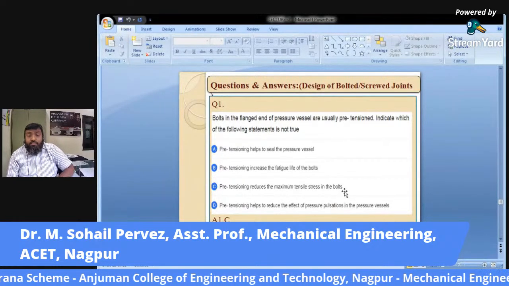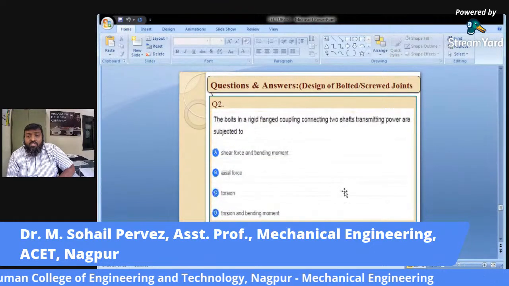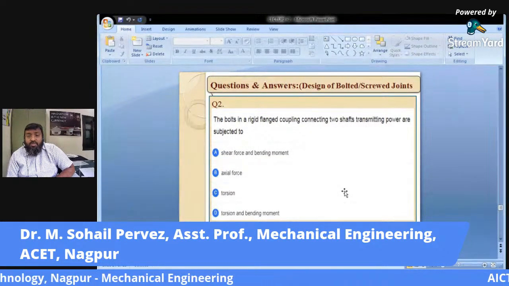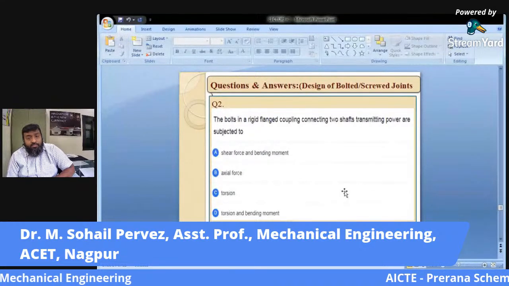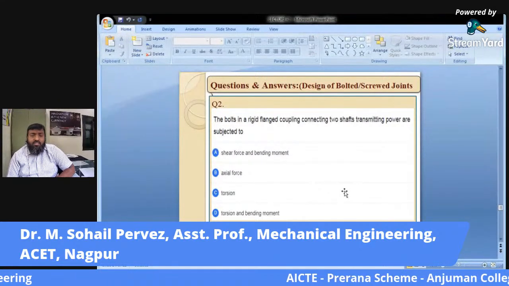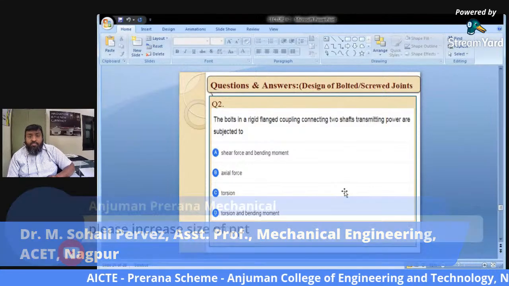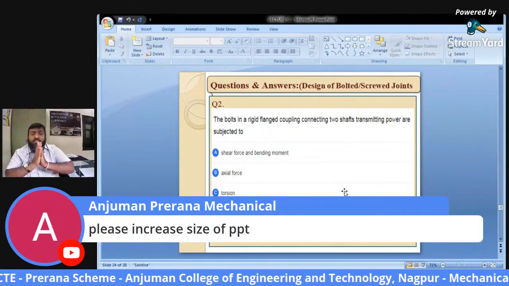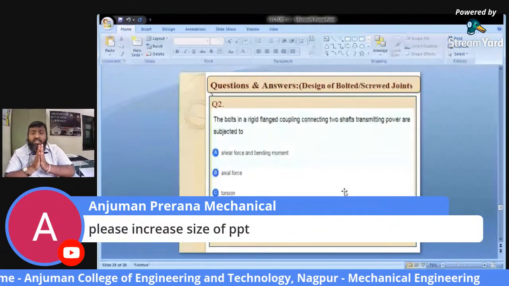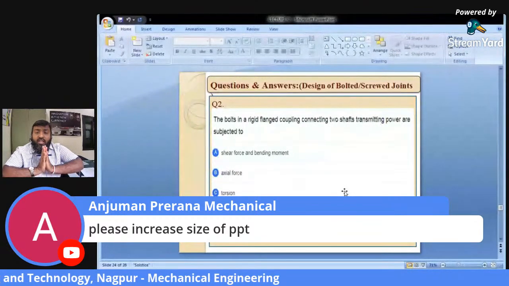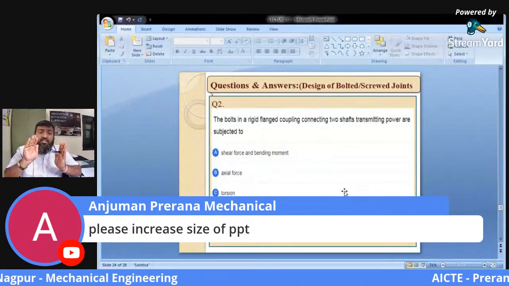Question number 2. The bolts in a rigid flange coupling connecting two shafts transmitting power are subjected to. This is the simplest example. These are the two flanges of the coupling, and say this is the driver side.